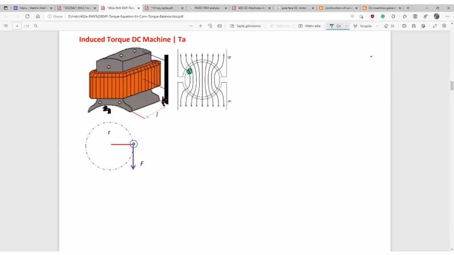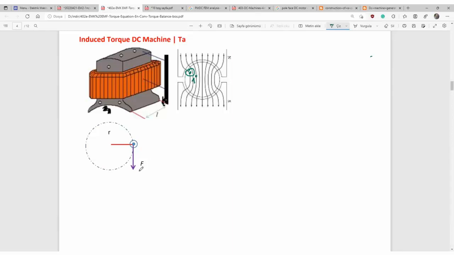Ladies and gentlemen, what you see, please take care my camera. I apply right hand rule, right hand three finger rule. Let me change the direction. Here's the conductor out of the screen. There's a current I. The direction is out of the screen.